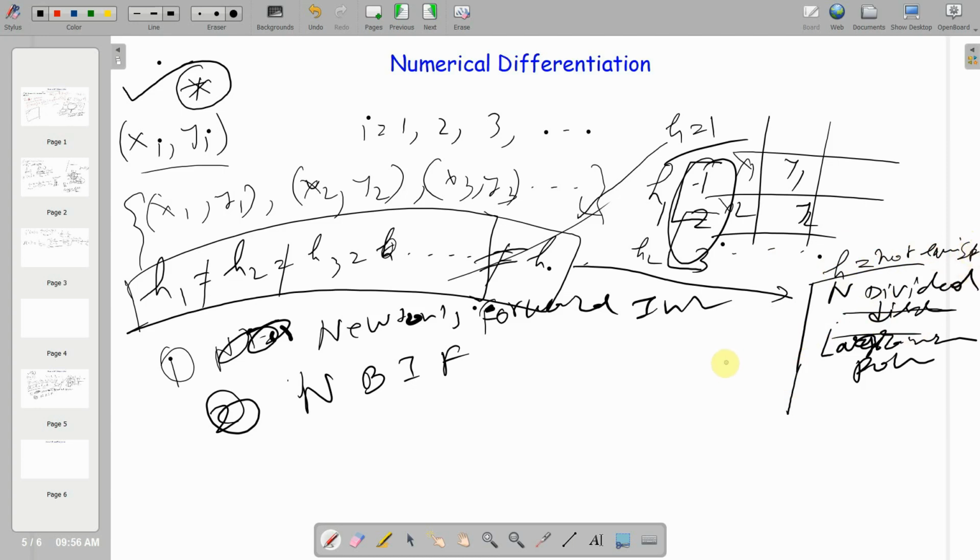Write this down. But this will not be considered in your course. I'll only be discussing Newton forward interpolation and Newton backward interpolation.